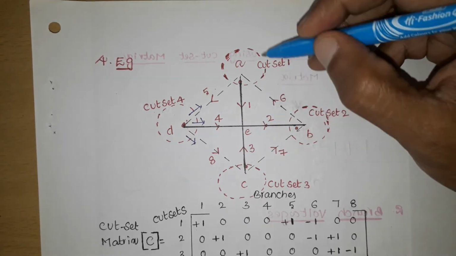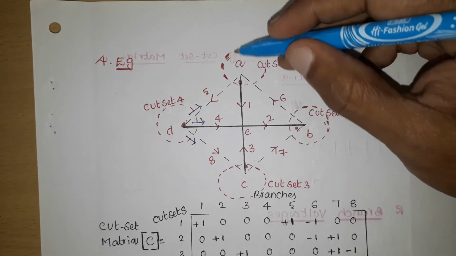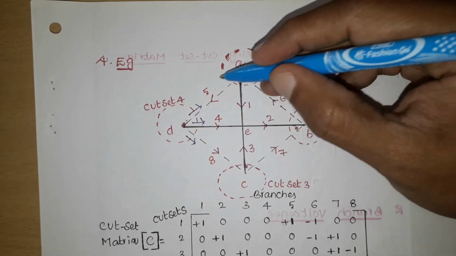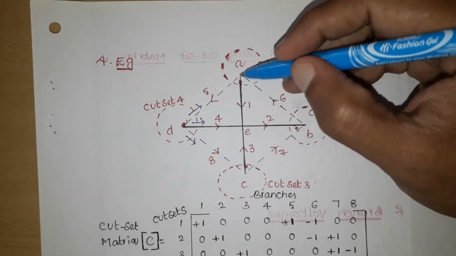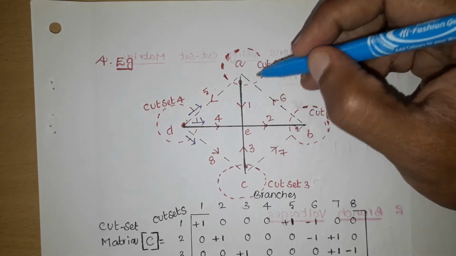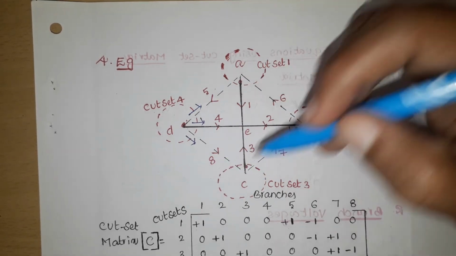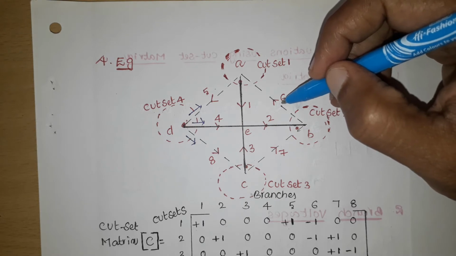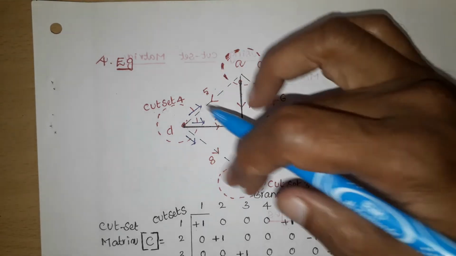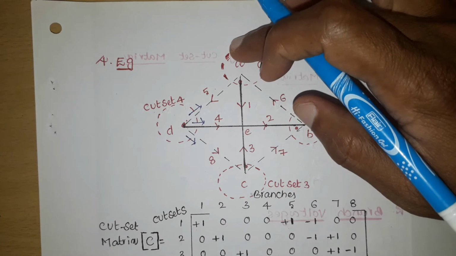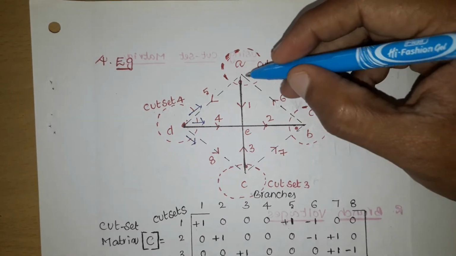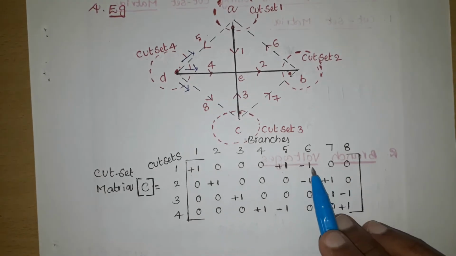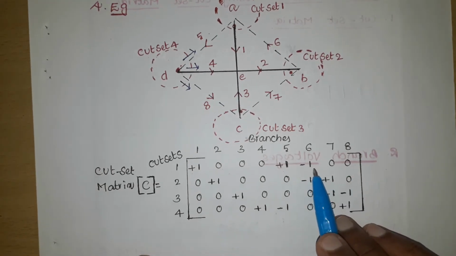For the 5th branch, the current is in the same direction. Whereas in the 6th link, the current is flowing opposite to the reference direction. That's why you have to take a negative sign.